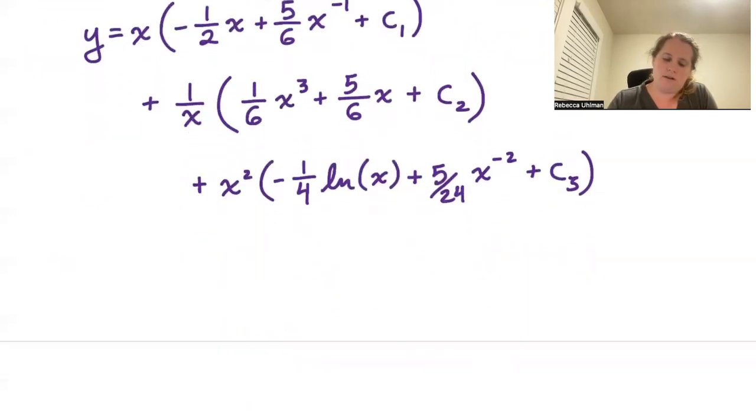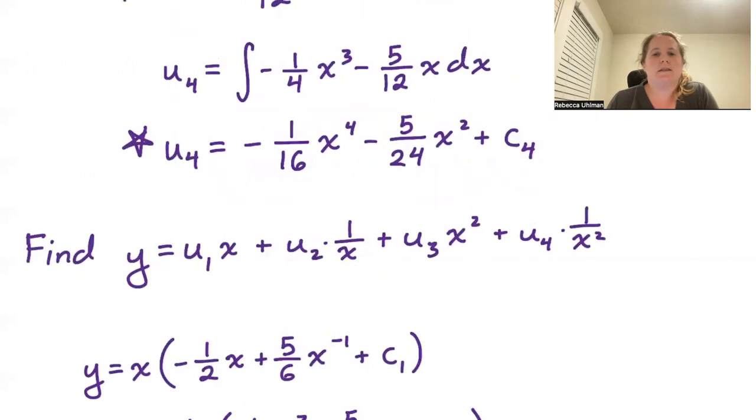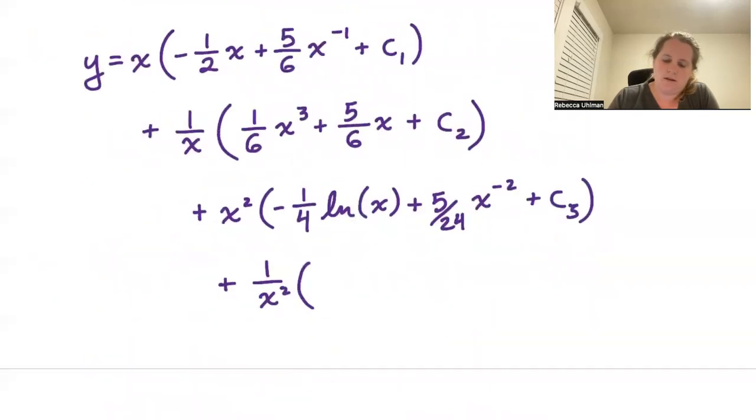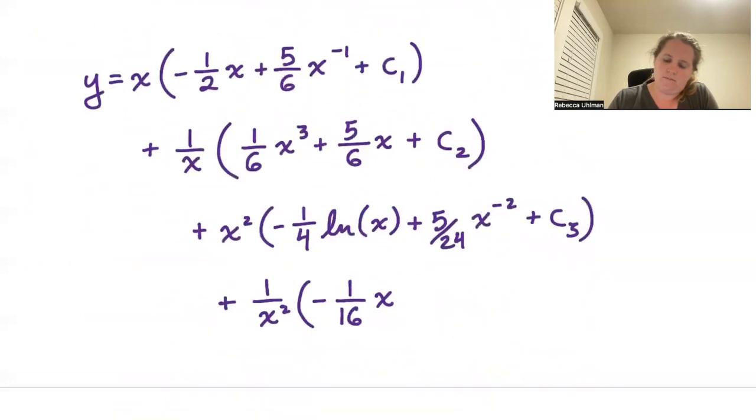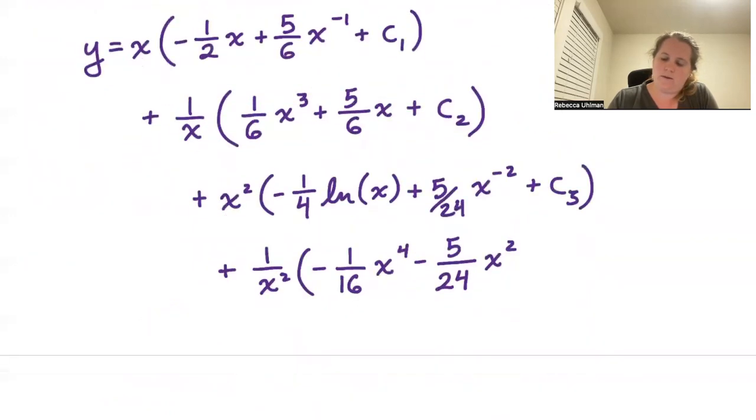And then finally, our 1/x squared is multiplying u4, which we found to be negative 1/16 x to the 4th minus 5/24 x squared plus c4. So that 1/x squared is multiplying negative 1/16 x to the 4th minus 5/24 x squared plus c4.